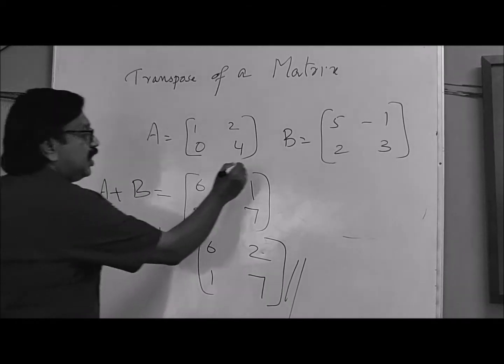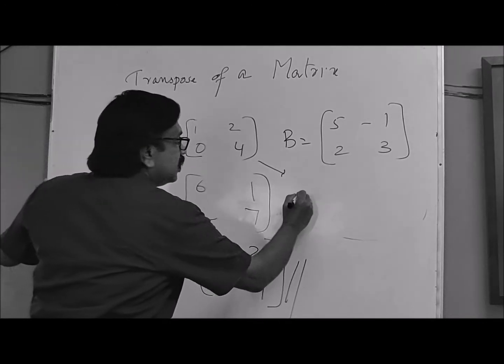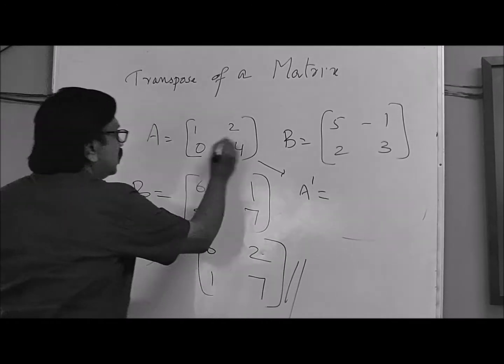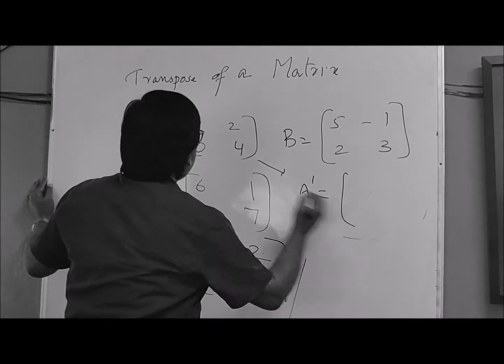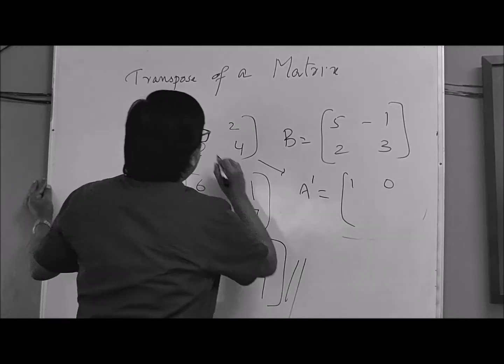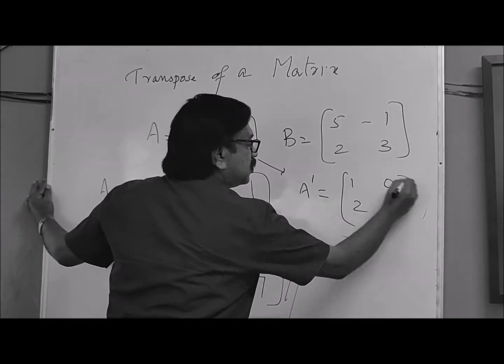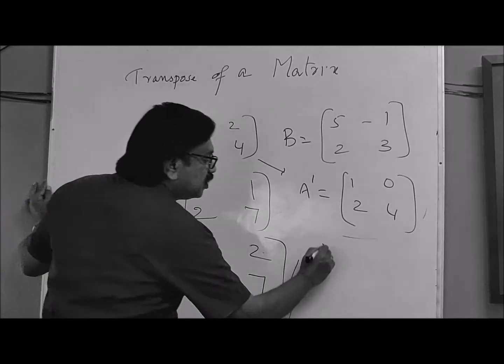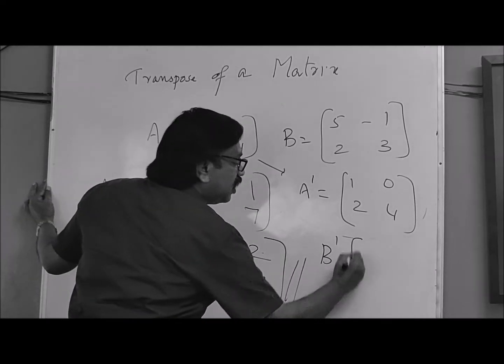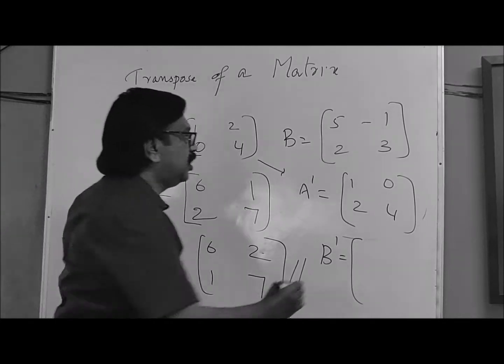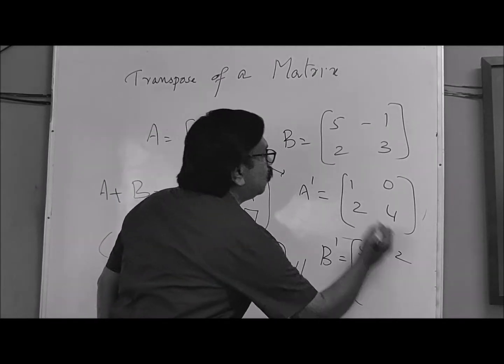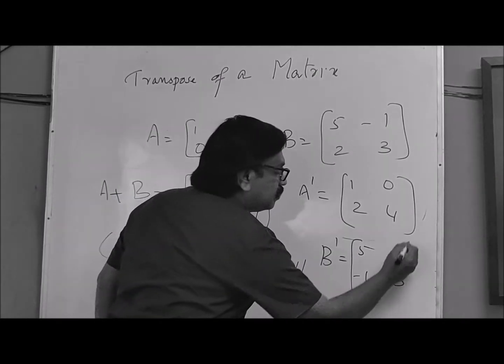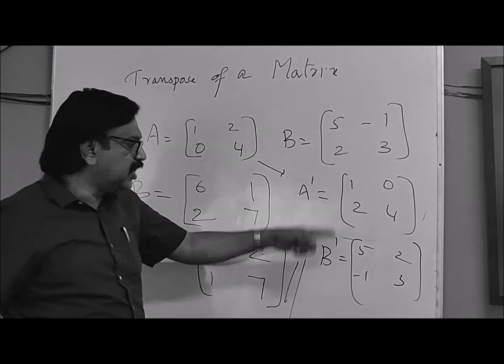Now, what is A transpose? If you interchange, what will you get? 1, 0, 2, 4. That is A transpose. What is B transpose? If you interchange the rows and columns, then it will be 5, 2, minus 1, 3. What is their sum?